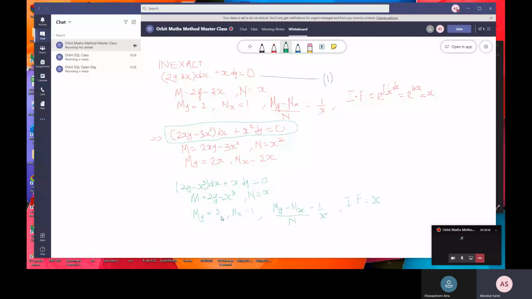If I multiply x with this original equation, I'm going to have (2xy minus x to the power 4) dx plus x squared dy is equal to 0. If you check this one now, it's going to be exact, because differentiating M with respect to y I have 2x, and differentiating N with respect to x I have 2x, so it's exact that way.